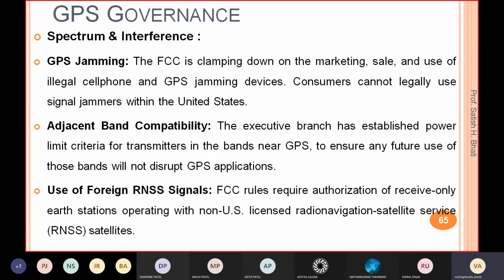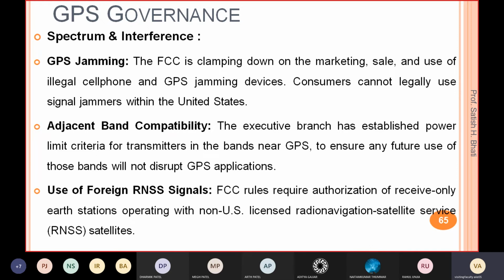They have given the frequency bands to applications in such a way that the nearby bands of the GPS frequency will not disturb the GPS application. So that way they have divided the spectrum.